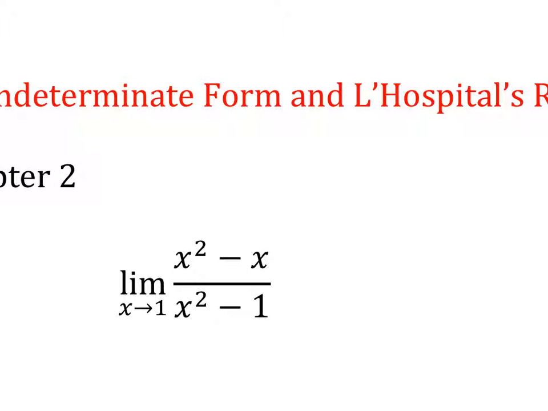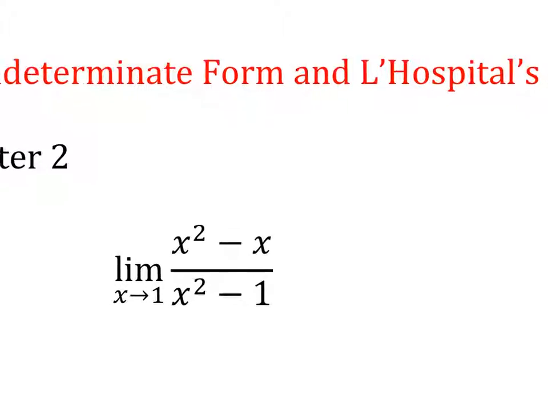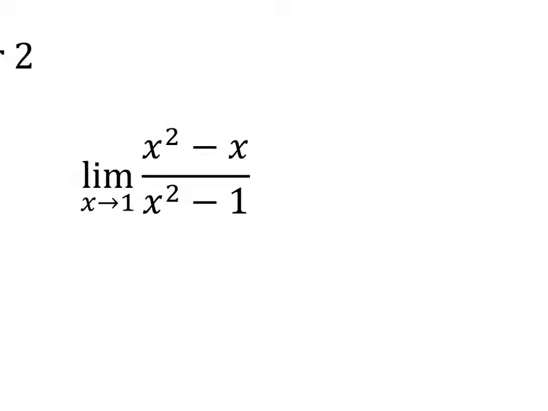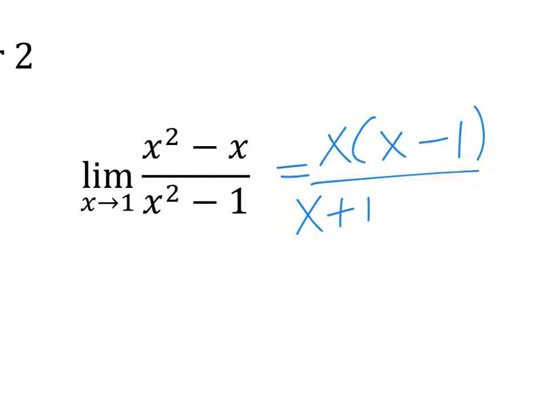A long time ago, I know. You did something called factoring. So we take out x minus 1, and then we factor this. We have to put limit as x goes to 1.